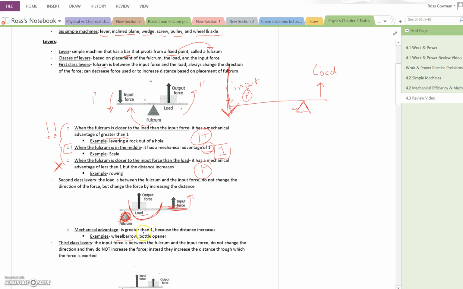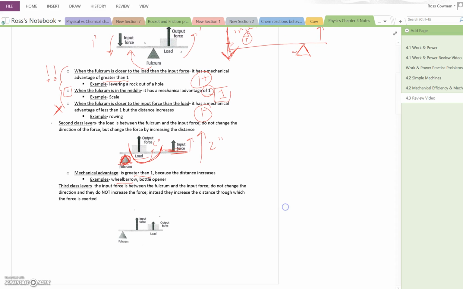So the mechanical advantage is greater than 1 because the distance increases, right? I grab the handles and I move it up, let's say 2 feet. This load doesn't move up all that much. It maybe moves up off the ground like 6 inches. So because of that difference in distance, that's the force-distance trade-off, you're going to have a much greater output force. So this is like a wheelbarrow.